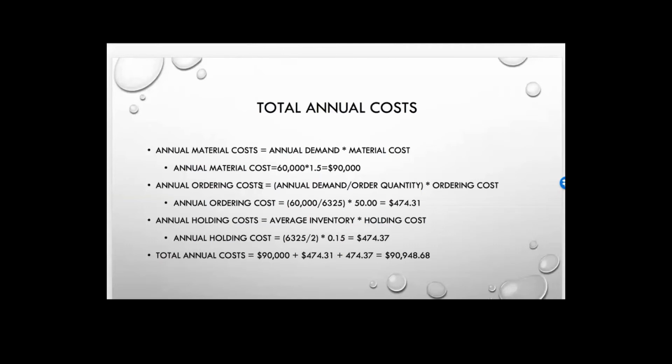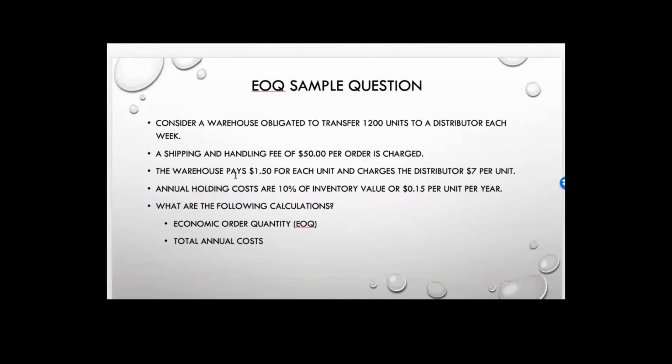So 60,000 divided by 6,325 gives me, I'm going to guess, around 9. You take that number and multiply it by our fixed setup costs, which are the costs per order that are fixed. In this instance, it was the shipping and handling, which is right here.